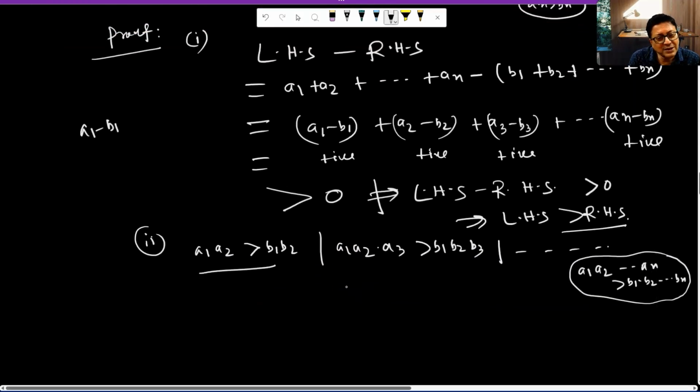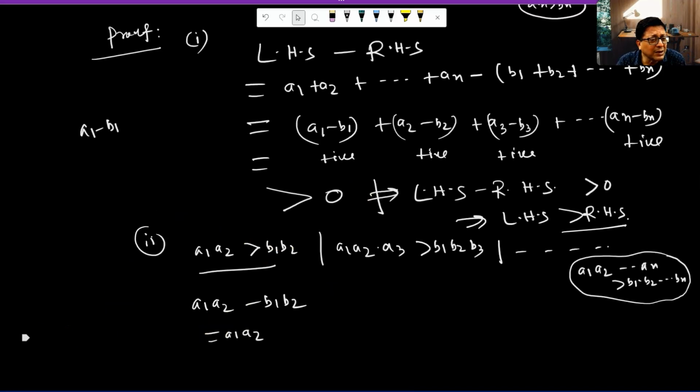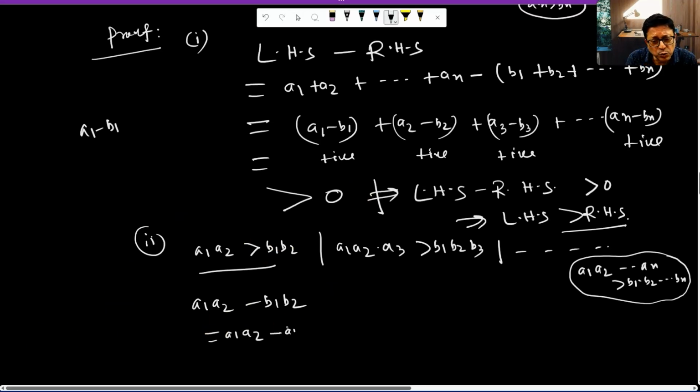To prove it, let us start with the difference. A1, A2 minus B1, B2 is what? A1, A2. I am taking a quantity A1, B2 subtracted from here, added also.